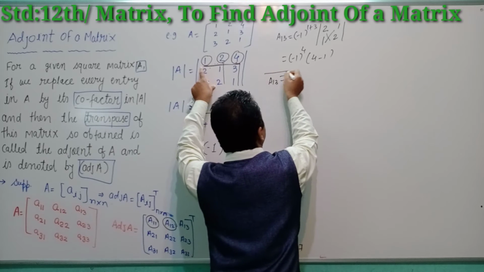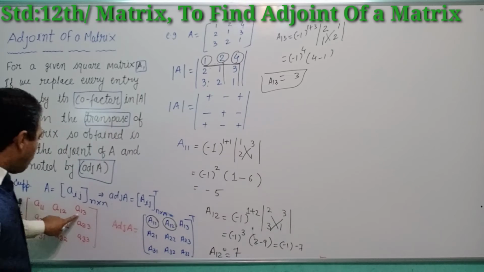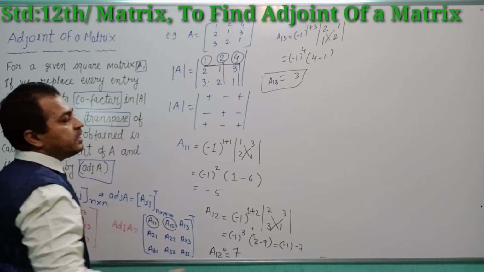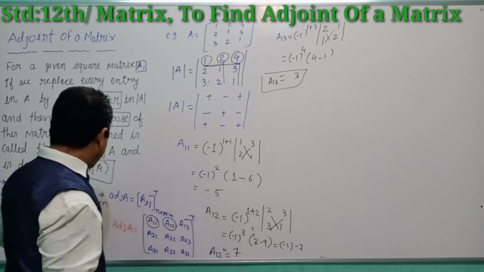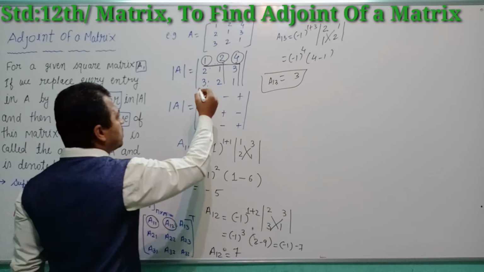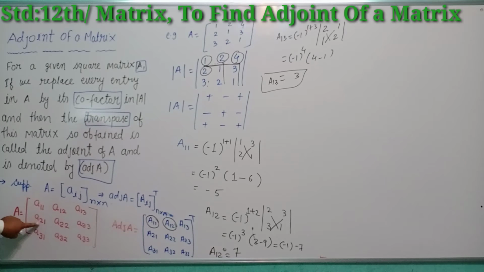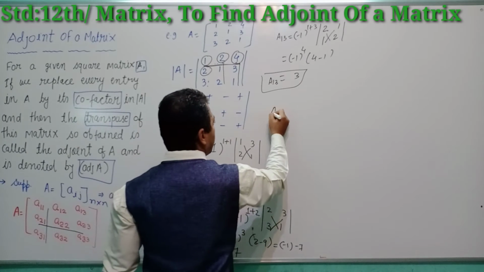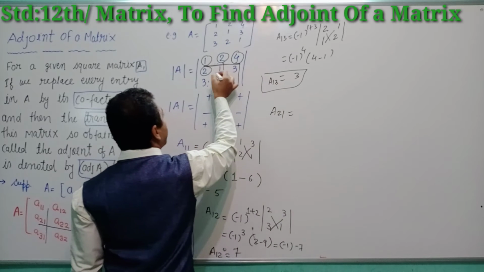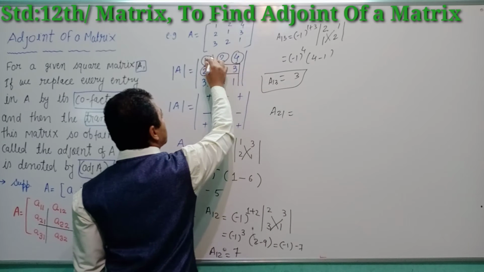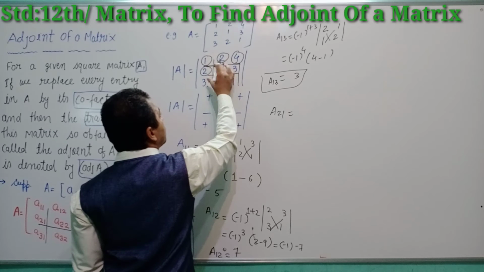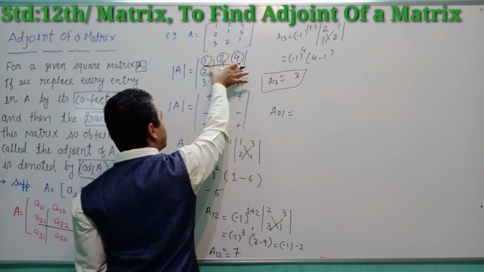So the cofactor of small a13 is 3. Right, students? Similarly, you will find out the cofactor of 2. Cofactor of 2 means A21. You are taking A21, so you will have to discard this element and these elements.